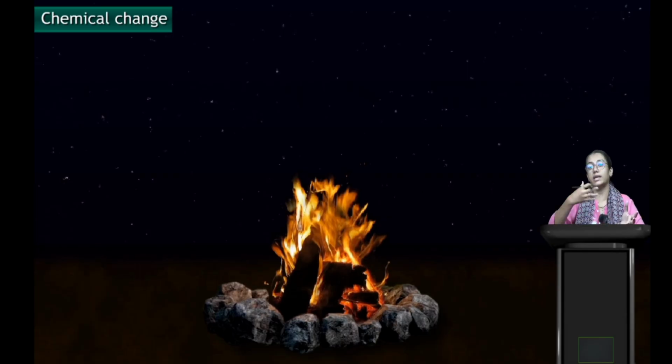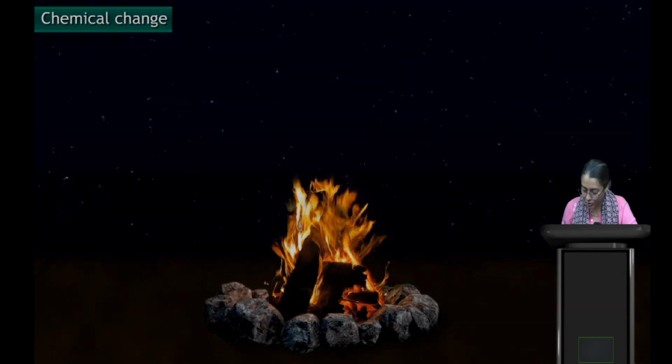In this kind of change, where one object is transformed into another thing, it is called a chemical change. Okay, so tearing of paper is what? Right, physical change. And burning, what kind of change is it? Very good, chemical change.